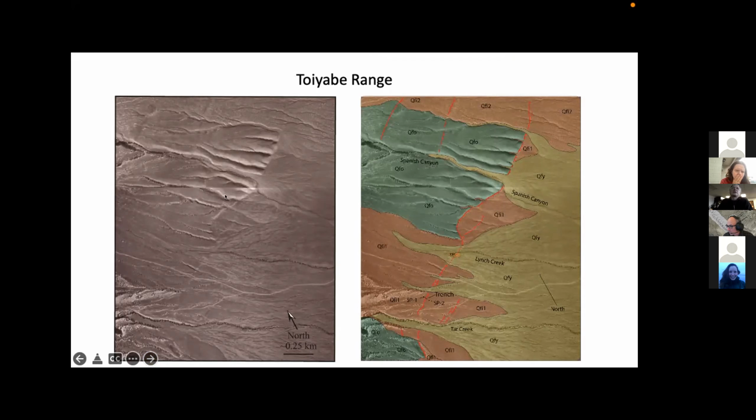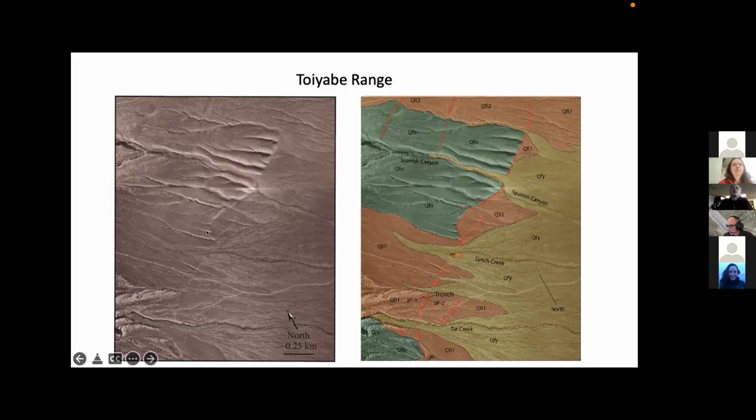And then we use things like cross-cutting relations where this, I called it salt and pepper when I was in the field, it has that look of black and white speckled on the air photo. But along the very top, there's this fan that comes across, cutting across this older unit. So I mapped that as intermediate, basically just using the cross-cutting relations of the two deposits to pick out their differences.